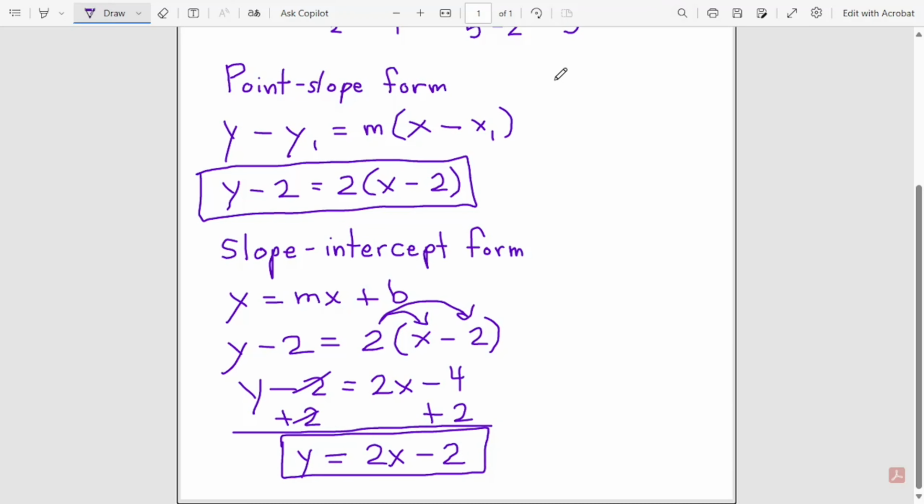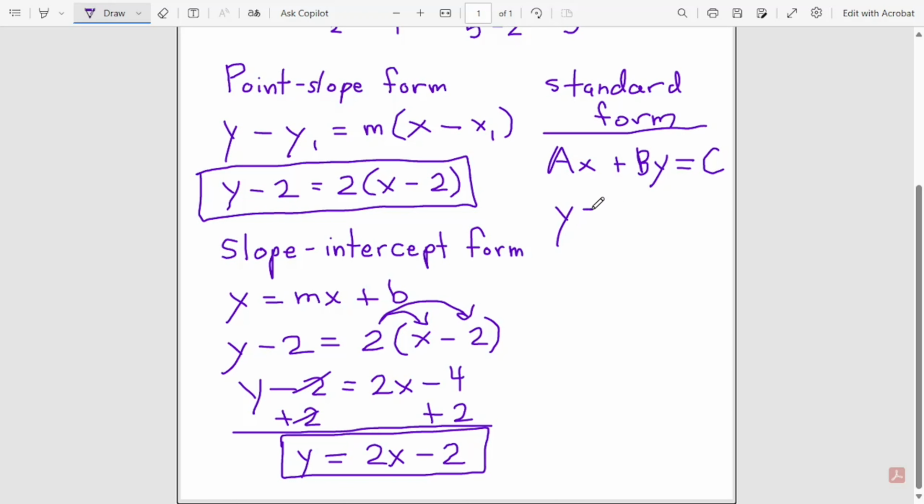Now our standard form is ax plus by equals c, where a, b, and c are integers, and a is a positive integer. So let's start with our slope-intercept form.